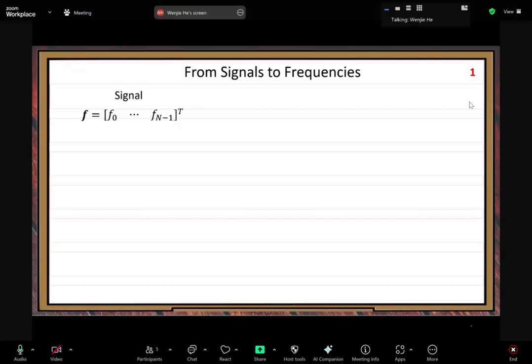Signal. Remember, last time I spent a lot of time explaining the discrete case, how to represent a function with discrete values. So in real world applications, most of the time we have discrete values.